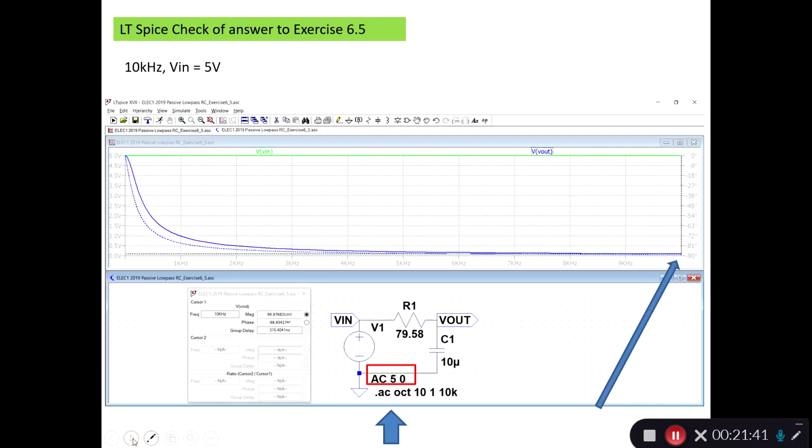Then the last part was an input voltage of 5 at 10 kilohertz. So I go in at 10 kilohertz and read that I get 99.97 millivolt and a phase shift of minus 88.8.